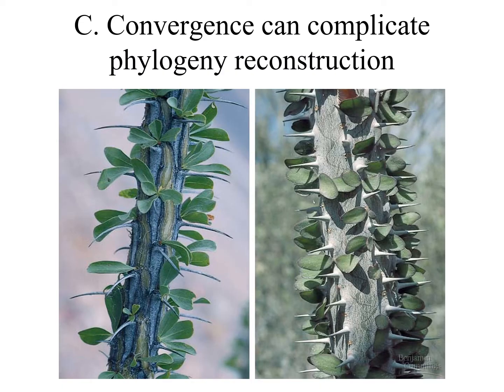Something we must be vigilant to look out for is convergence. Convergence can complicate our attempts to reconstruct phylogeny if we confuse analogous characters for shared derived homologous ones.